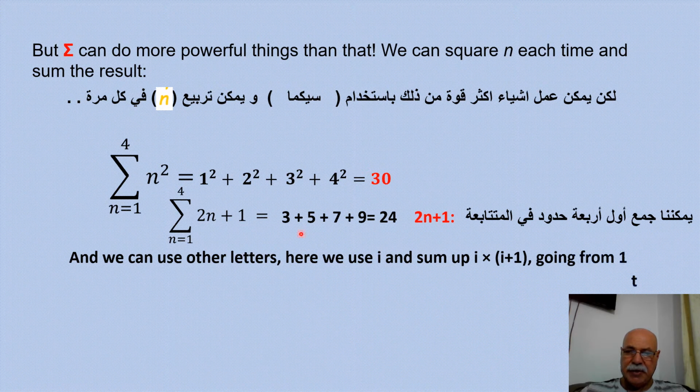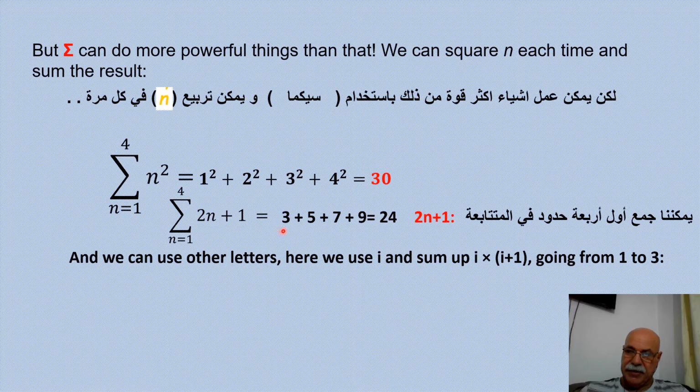اشرحها شوية بالعربي يمكن هناك سؤال يقول ما افتهم. هنا هذا المثال يقول انه الجمع المطلوب اللي هو n to 1 element 2n plus 1 go to the 4. طالما n1 plus 2 is 3, 3 plus 2 is 5, 5 plus 2 is 7, 7 plus 2 is 9.